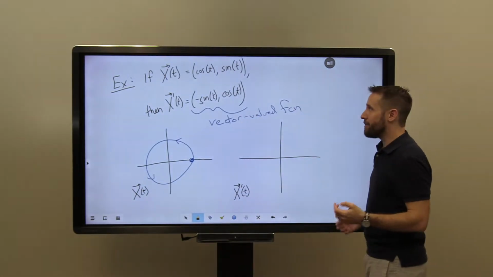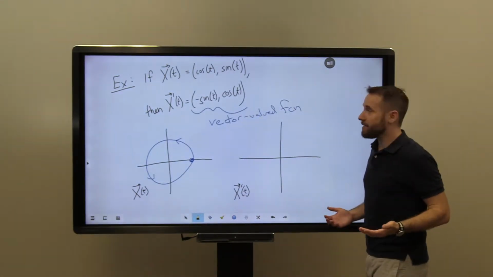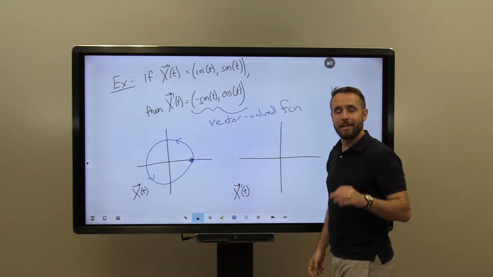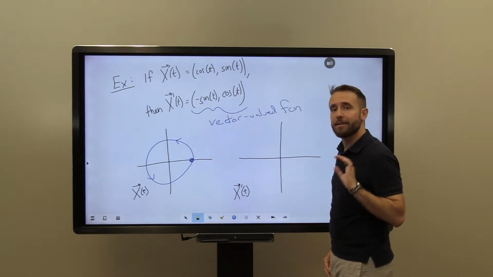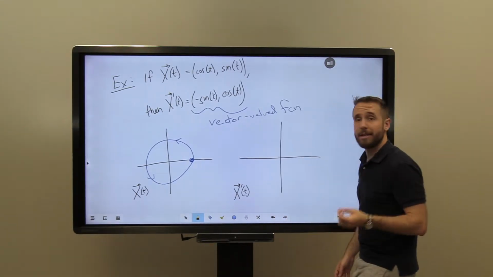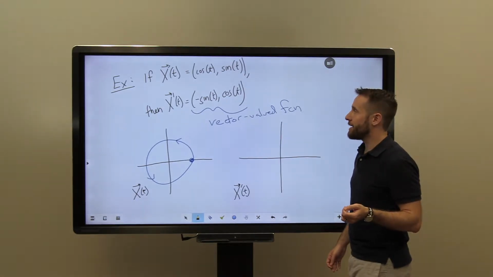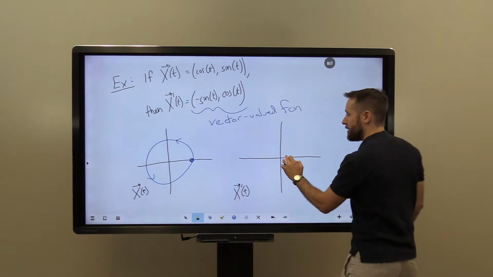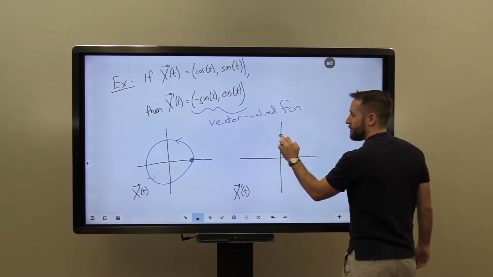Well, x prime of t is this expression negative sine of t comma cosine of t, and we can see what this will trace out. It turns out this will also trace out the unit circle, just in a slightly different way. At time 0, we'll be starting at negative sine of 0 comma cosine of 0, so that's negative 0 comma 1. We're starting up here.